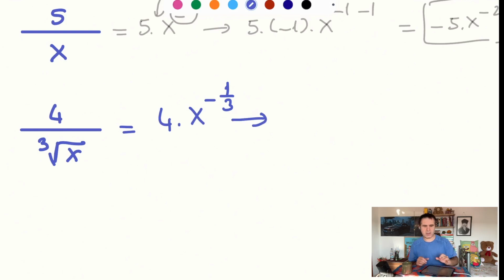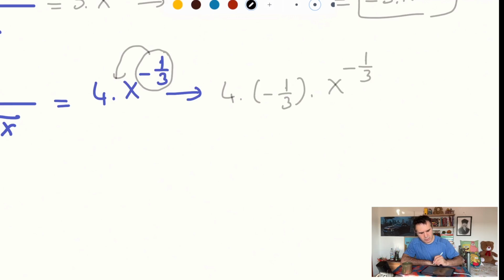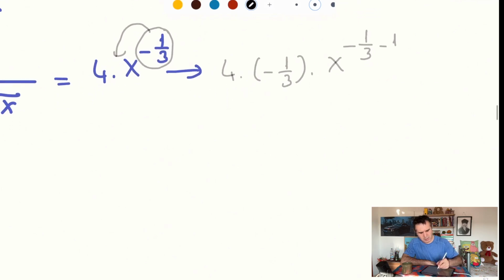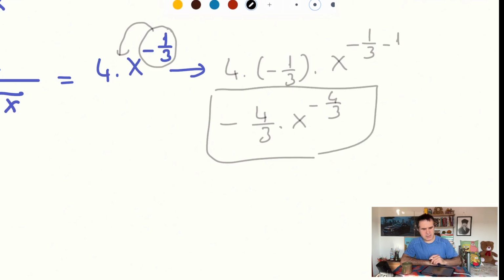And after that we will take the derivative, 4 times, take the exponent as multiplication, minus 1 over 3 times x to the power of minus 1 over 3, and subtract 1 from the exponent. Then this will be equal to minus 4 over 3 x to the power of minus 4 over 3. And this is the answer.